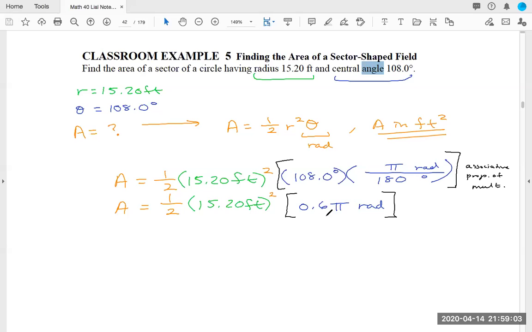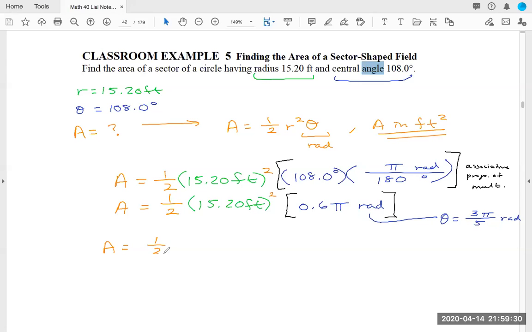All right, so just want you to know that your central angle, if you had done it separately, theta should have been 3 pi over 5 radians. Okay. Now, continuing through, let's follow the rest of order of operations now.